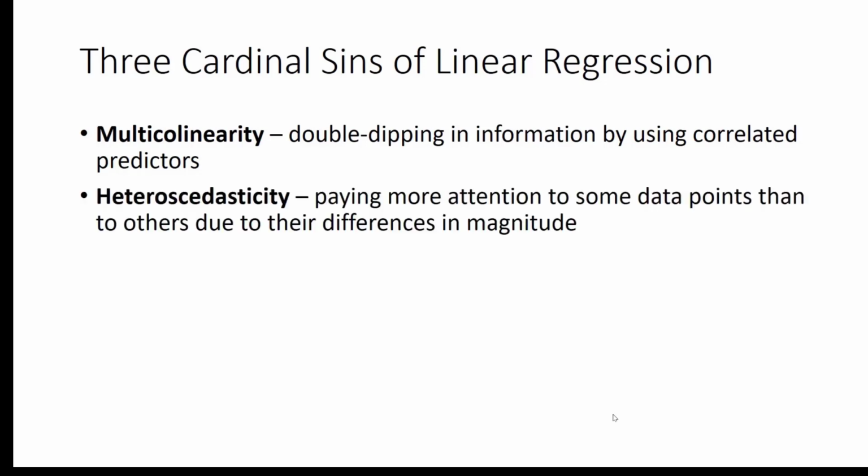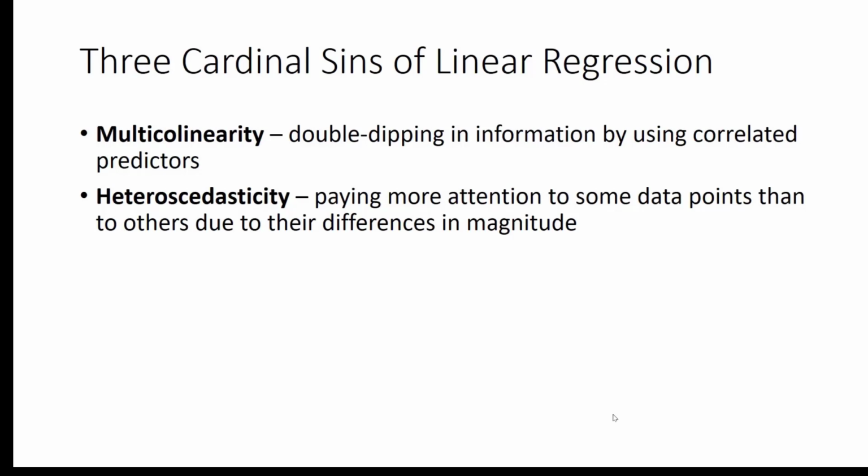The other sin in linear regression is heteroscedasticity. If your observations are quite diverse, with a few outliers, either extremely large or extremely small values, then your regression model is going to pay more attention to some data points and less attention to others. And we're going to see how that happens.